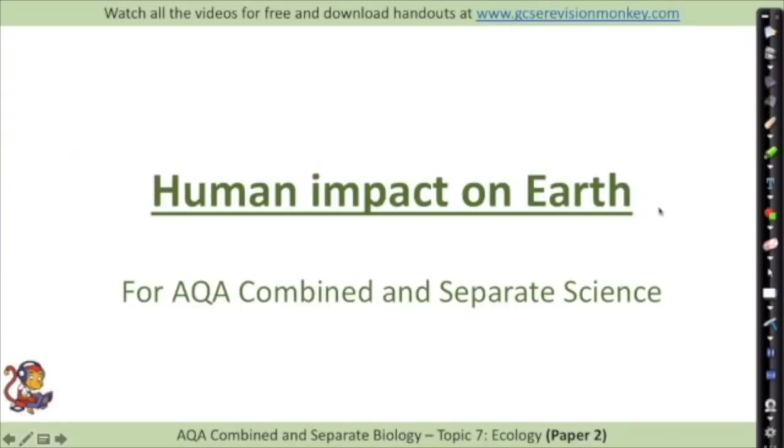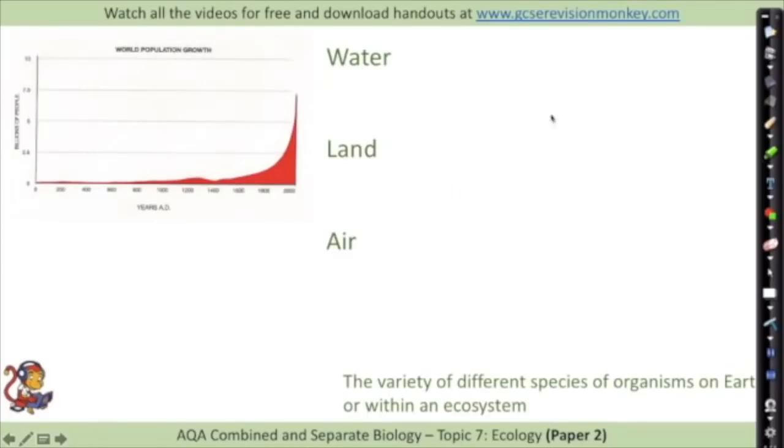This next section looks at how humans are impacting on Earth, and often this is in a negative way. So in recent years, we've seen a massive population rise, verging on the 7.5 billion people on the planet. And this has massive consequences for a number of resources such as water, land and air.